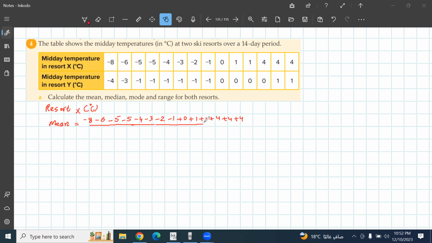If we count how many values there are, 1 2 3 4 5 6 7 8 9 10 11 12 13 14. It is usually given in the statement, 14 days, so the total number of values is 14. So we divide by 14, and we add all these in the calculator.